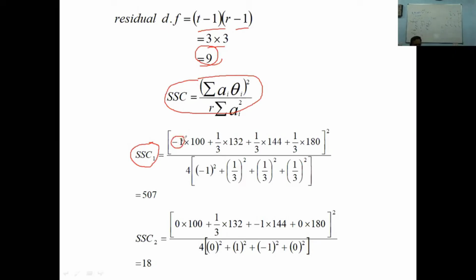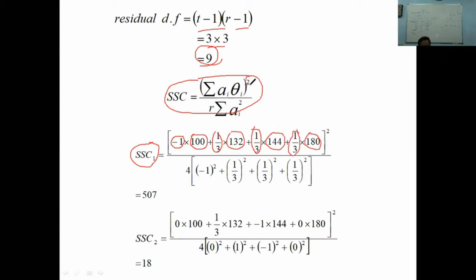Minus 1 into the first treatment total, plus 1 over 3, the coefficient, into the second treatment total, plus 1 over 3 into the third treatment total, which is 144, plus 1 over 3 into 180, the treatment total of the fourth treatment.